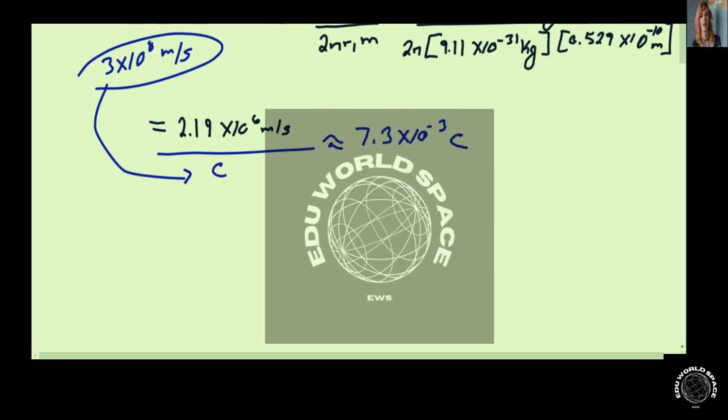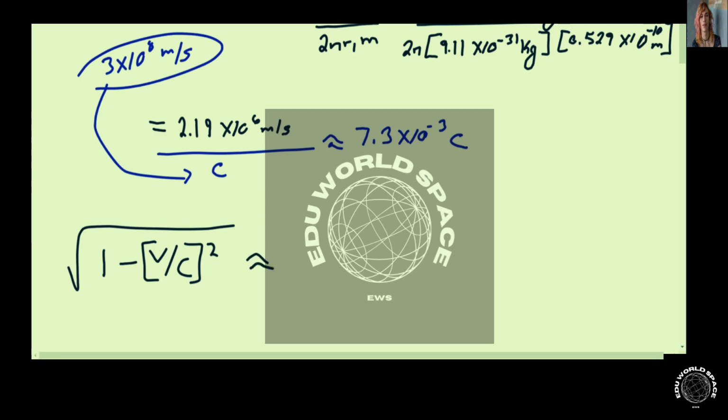So we're still not done, because they gave us a formula, the relativistic factor formula. And that is given to us as the square root of 1 minus v over c, squared.